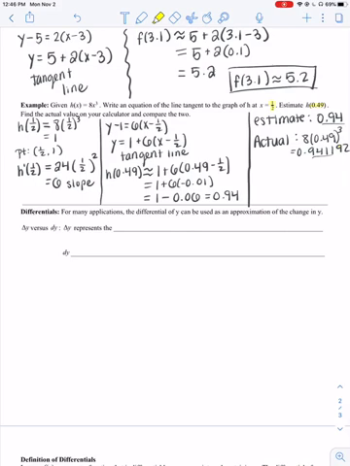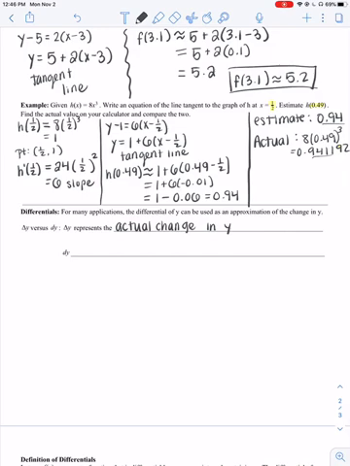So first off, we already know what delta y represents. Delta y represents the actual change in y, using whatever your function is. Using the actual given function, it is the change in y.